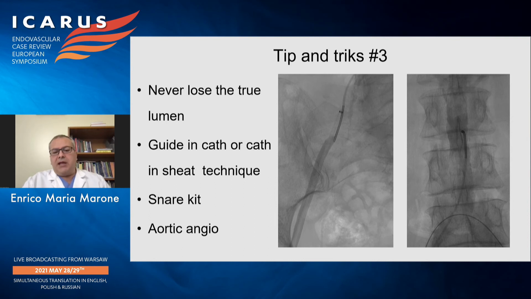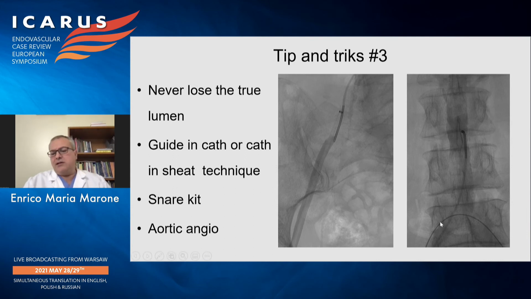It is mandatory in chronic occlusion of the iliac arteries to avoid losing the true lumen. So when we obtain a contralateral recanalization, we have several possibilities. We can use a snare kit, or it's possible to use the guiding catheter technique or the catheter in sheath technique.